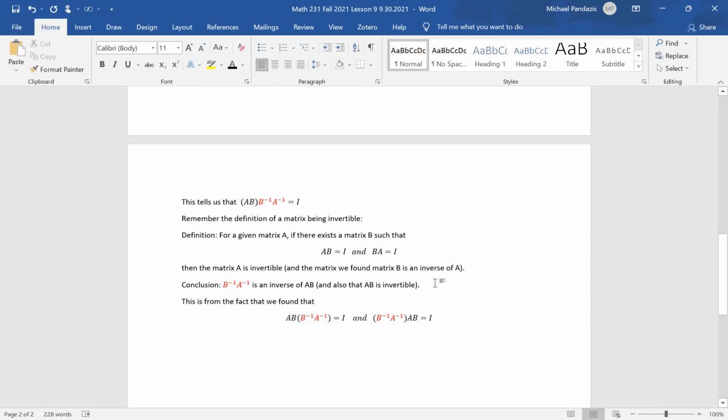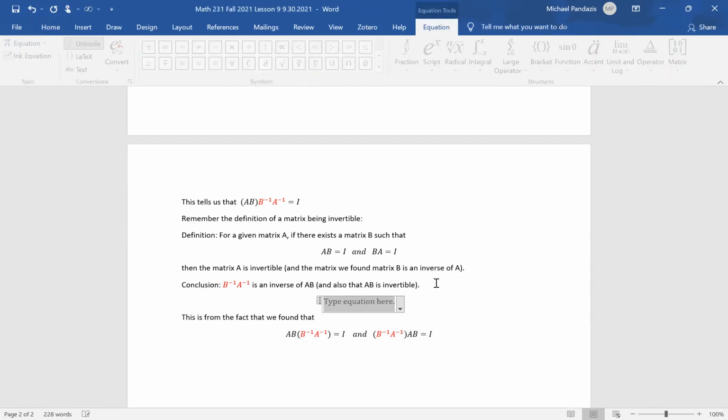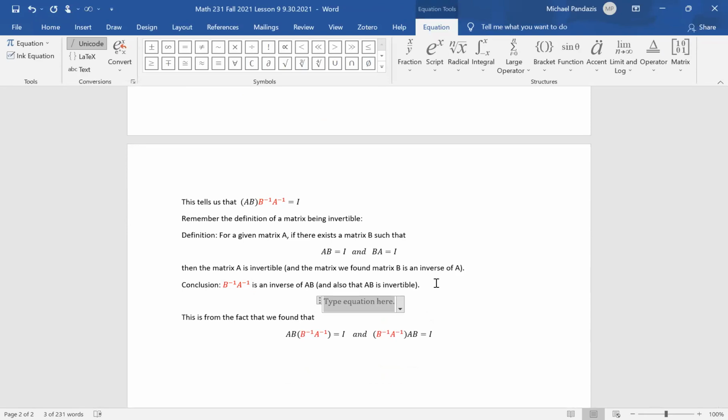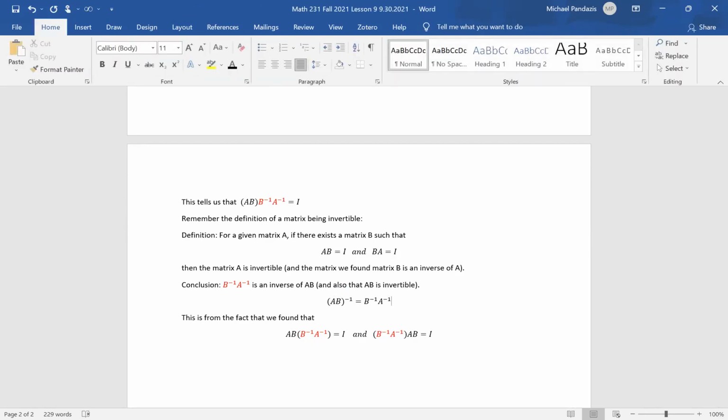And so another way to say B inverse A inverse is an inverse of AB is saying that the inverse of the matrix AB is equal to B inverse A inverse. Okay, and so we just proved the theorem. This is in words. This is written using notation.